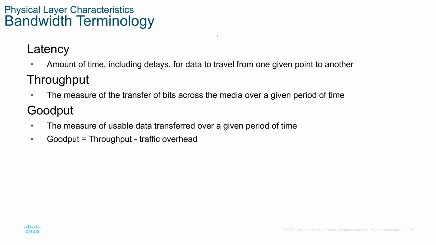When you order a package, the package or what you have ordered arrives in a box. That is the overhead. The actual item that you ordered inside the box, that is the goodput. The throughput is normally discarded.